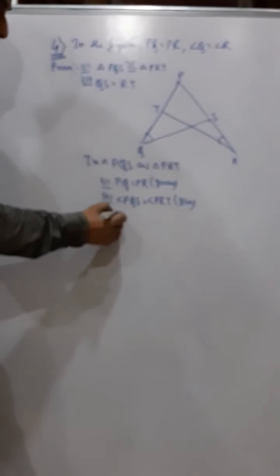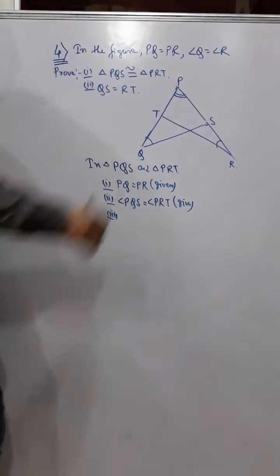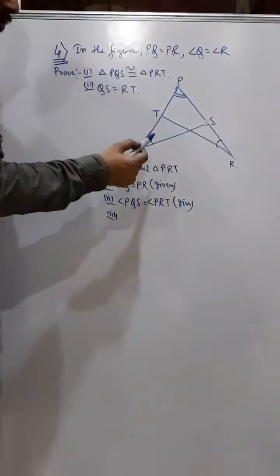Now third point, we can say that this angle is common in both the triangles, so you can find this angle in this triangle and you can find it in this triangle also. So therefore we say this is common.